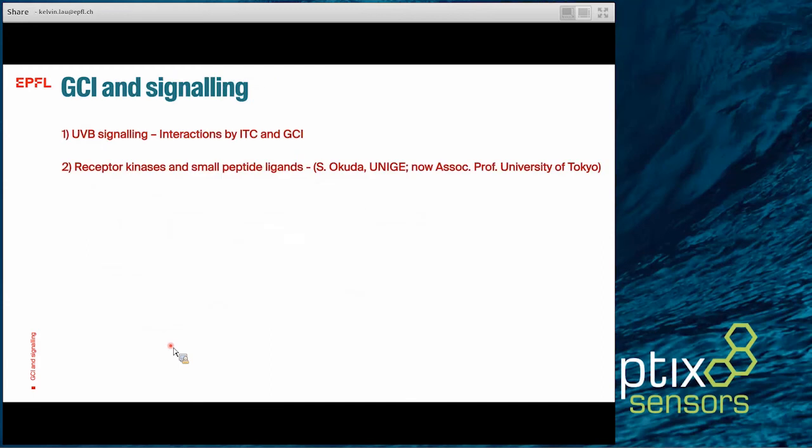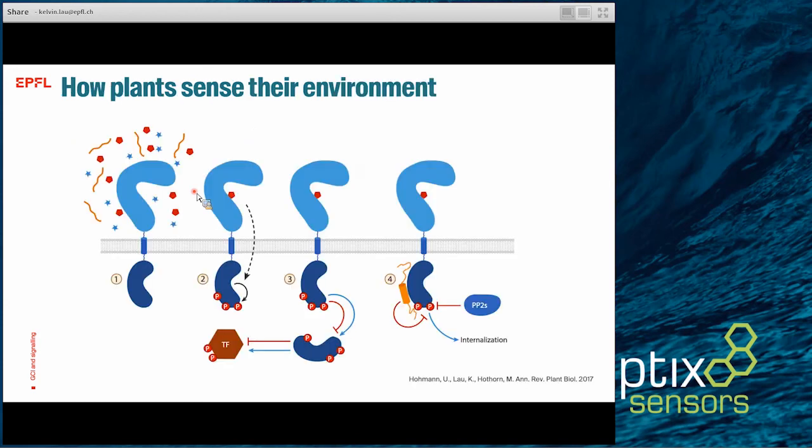But I also want to share another story that was done by Satohiro. This is more, I would say, what really convinced us to get the machine in the first place back in Geneva, because the main focus of the lab back then was still receptor kinases in plants. Receptor kinases in plants are very similar to other membrane proteins found in other eukaryotic systems.